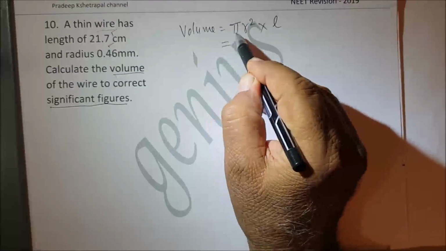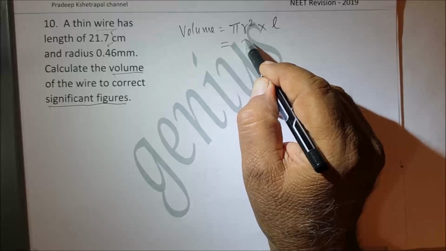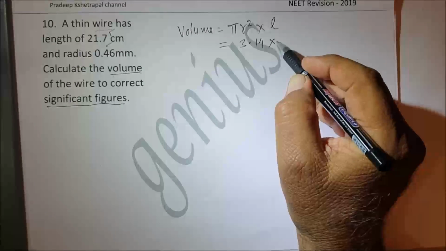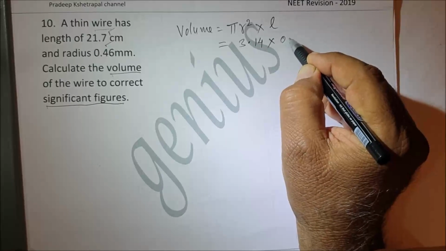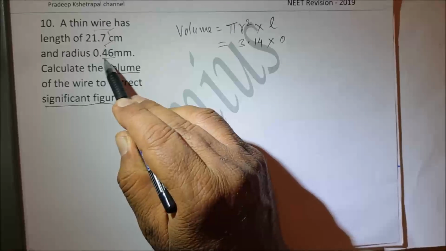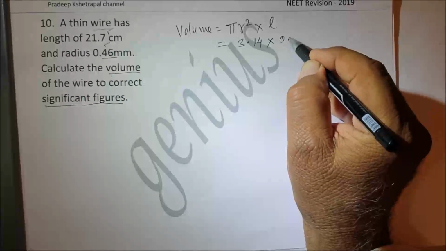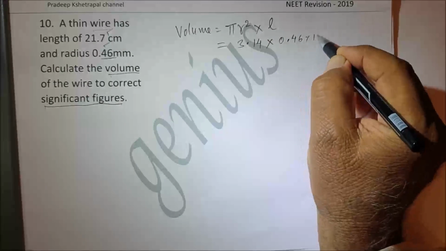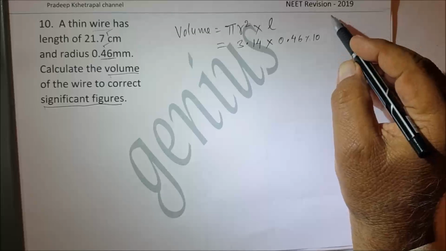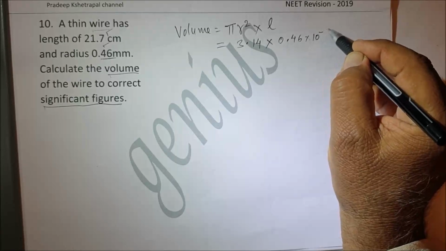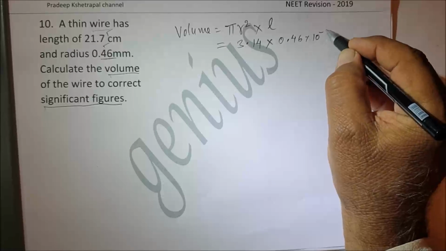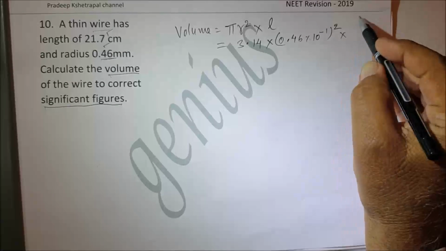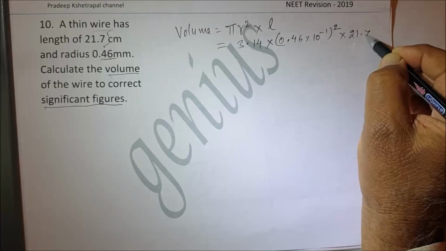Now here it is pi 3.14 multiplied by r square, that is 0.46 millimeter. So this is 0.46 into 10 to the power minus 1, millimeter to centimeter. Square of it multiplied by length, and that is 21.7.